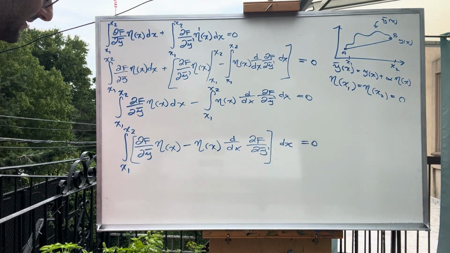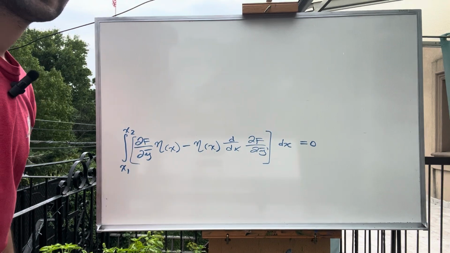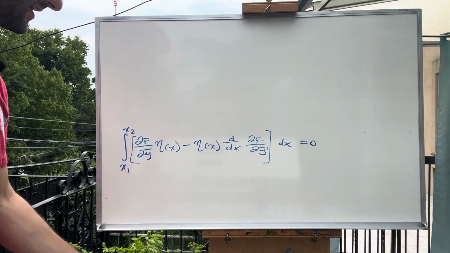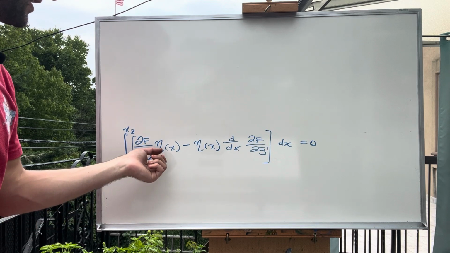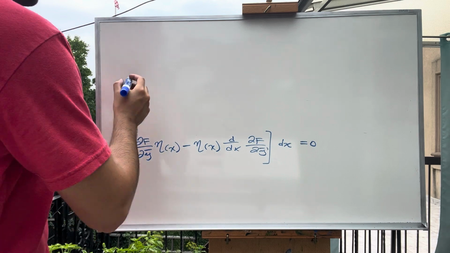Let's go ahead and clean up a bit, and we're almost done. Now that we have succeeded in representing this integral in terms of eta of x and not of its derivatives, we can go ahead and factor out that eta of x.